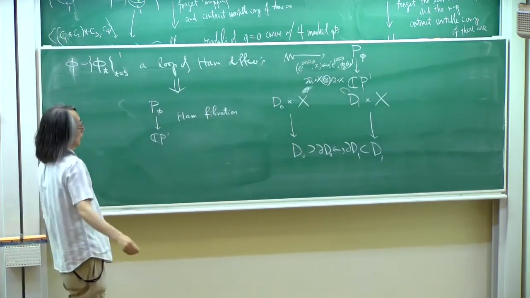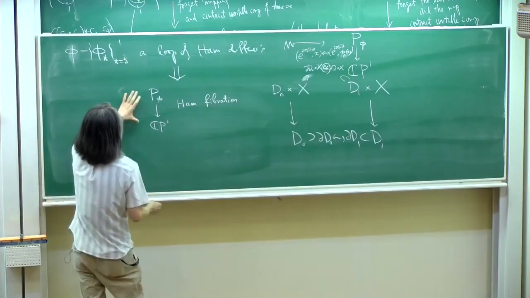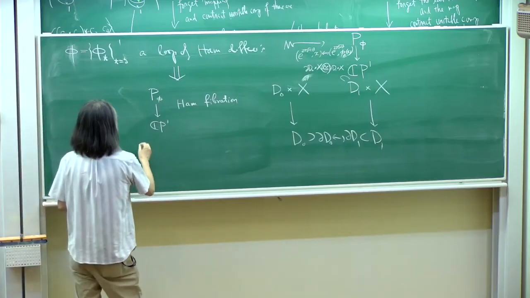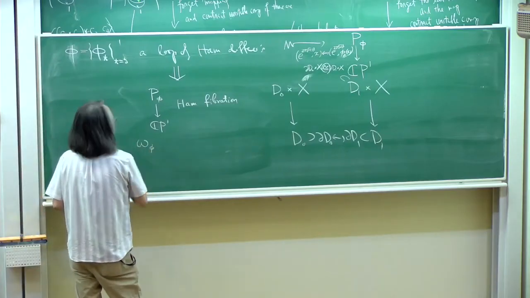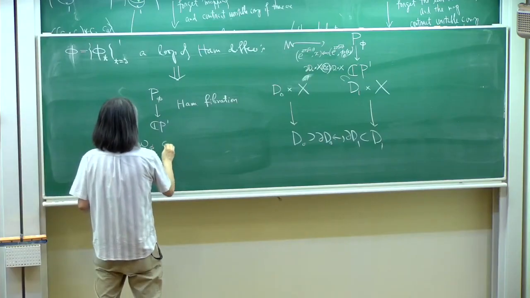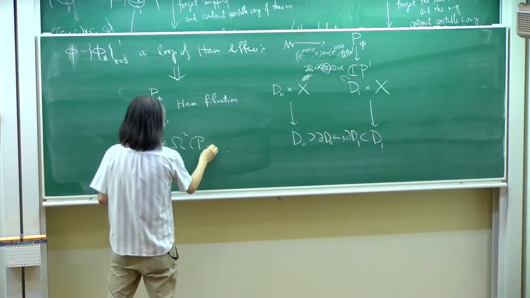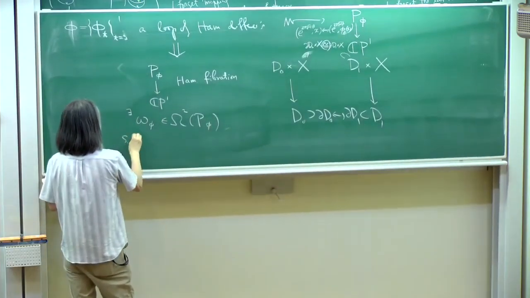So what does it mean? Certainly one way to understand it is that the structure group is these Hamiltonian diffeomorphisms, but that is equivalent to the following. There is omega phi, a two form on this P phi, with two properties.